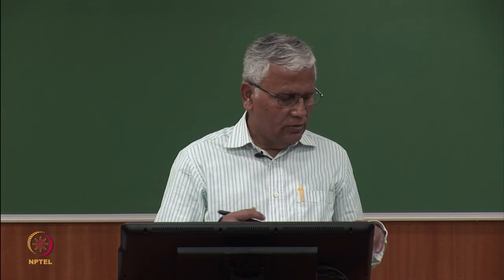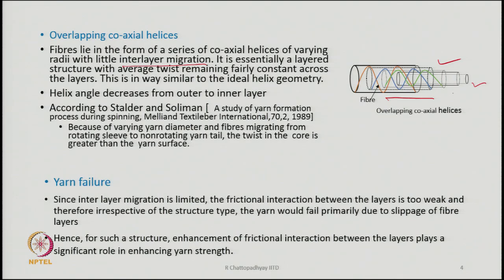So, even though apparently it will look like a lot of twist is there, the yarn will still fail because of slippage of fibers. That has been seen by some people after studying the helix angle of the fibers using tracer fibers, and it has been shown that the helix angle decreases from the outer layer to the inner layer.